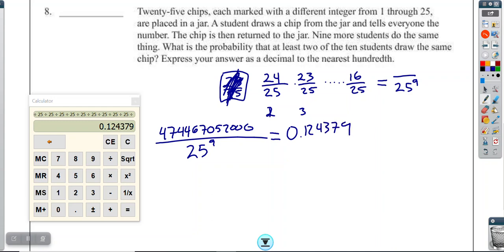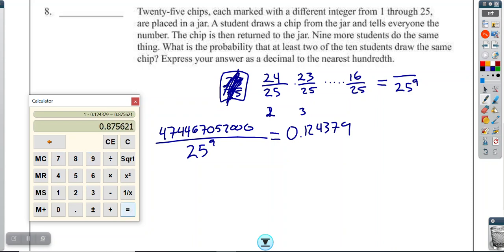So the odds that I do not get any repeats are 0.124379, and then I need to subtract that from 1, because this is the odds of it not happening, so I need to subtract it from the total possibilities, and that's 1. Oh, geez, that's not helpful. All right, so let's try that again. So we have 1 minus 0.12.